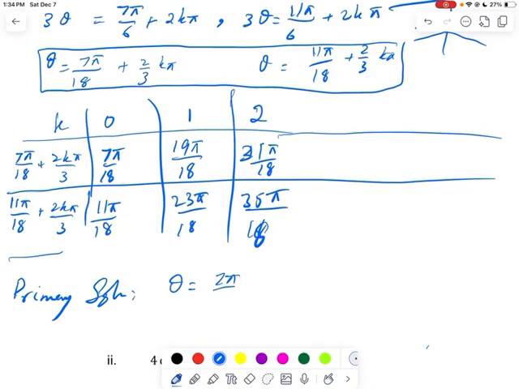If you want, you can put them in order: 11 pi over 18, 19 pi over 18, 23 pi over 18, 31 pi over 18, and 35 pi over 18. So these are 6 of them.